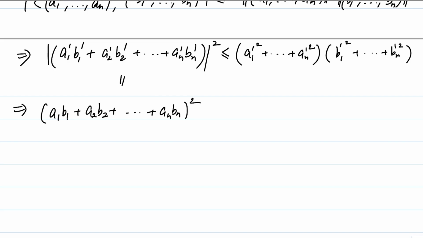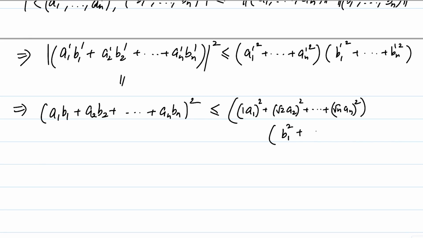This is equal to this, by the way. And what about this? This is just going to be equal to square root of 1 times a1 the whole square, plus square root of 2 times a2 the whole square, plus up to square root of n times an the whole square, times, similarly, b1 by 1, which is b1 square, plus b2 square by 2, and so on, plus bn square by square root of n the whole square, which is n.